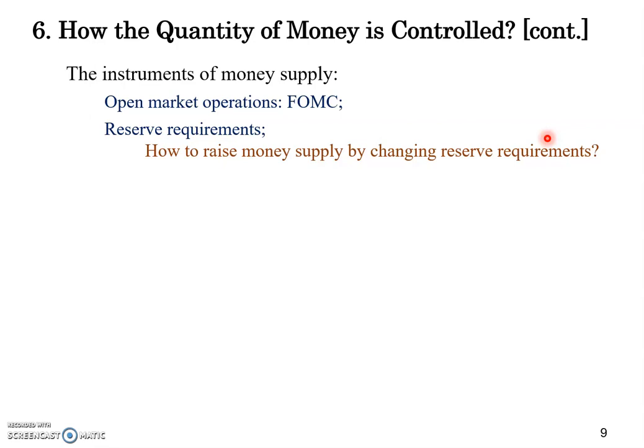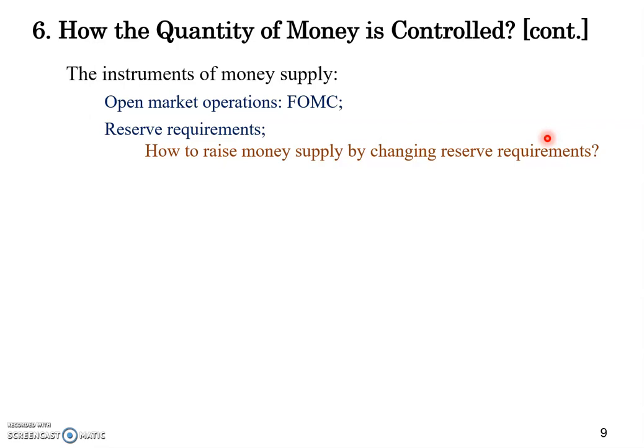Because it used to reserve $3 to meet that 3% requirement. Now they only need to keep $1 in their office, because the reserve requirement has been lowered to 1%, right? So there will be $2 more available to be lent out, and so the money supply should go up.